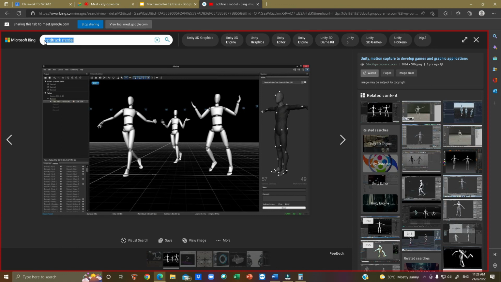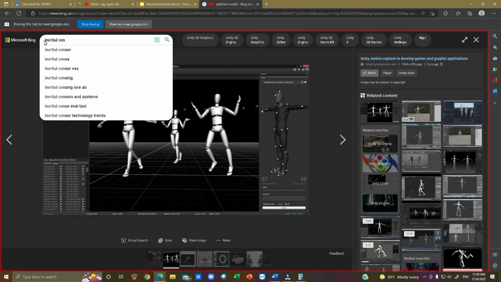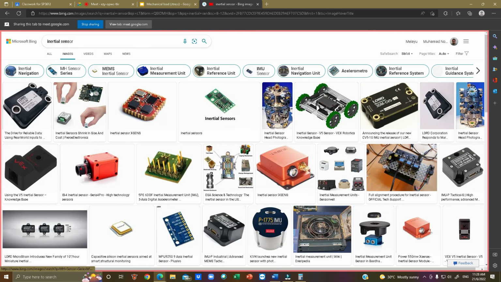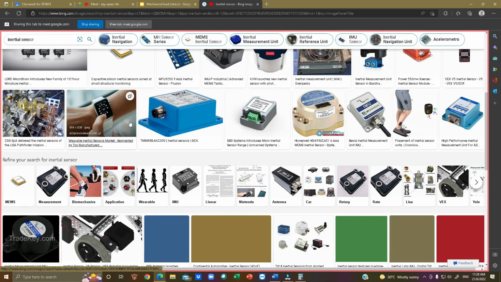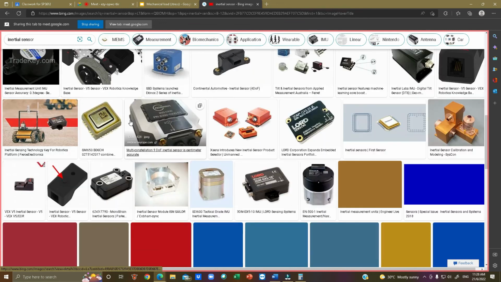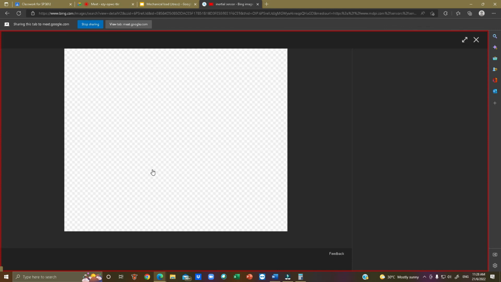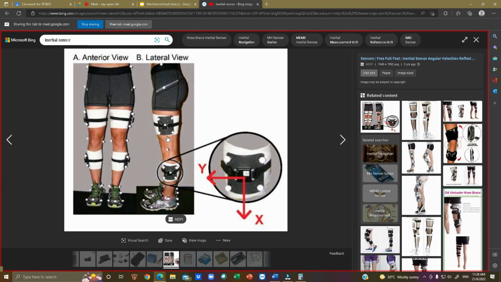Kita ada banyak equipment lah. Other than this, we can actually use inertial sensor. Okay, inertial sensor. Ada tak contoh dia? Sekejap, ni contoh. This is an example of inertial sensor. So, this one they combine, but we can actually leave out all of these markers. Ni marker ni kan kita boleh buang lah. Kita pakai sensor saja.